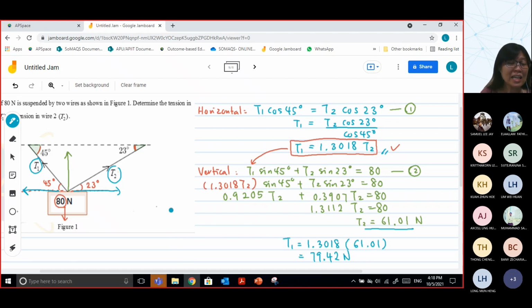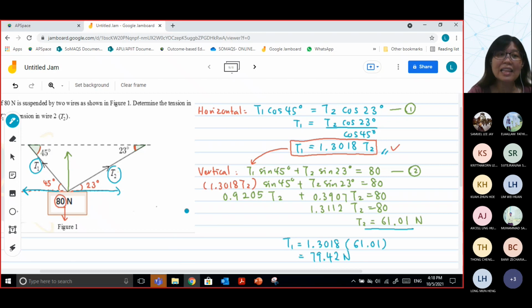Okay, guys, if this happens in your assessment, if the diagram is already given and they already indicate this is T1, then this is T2, of course you have to follow exactly the diagram given. Otherwise it is wrong already.